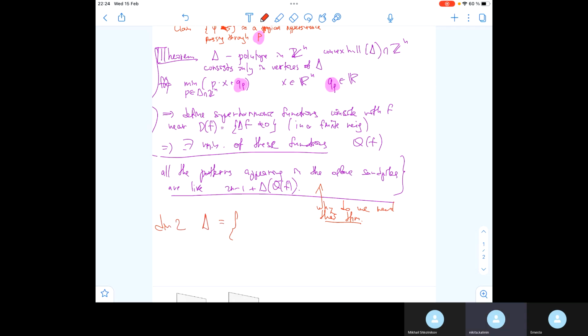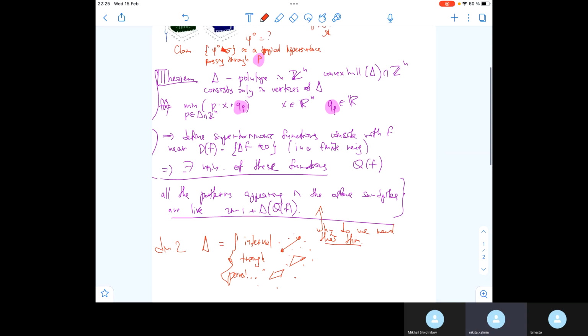Delta can be just an interval without lattice points inside. It can be a triangle without lattice points inside, or a parallelogram without lattice points inside. So in dimension 2, we just need to consider these three cases.